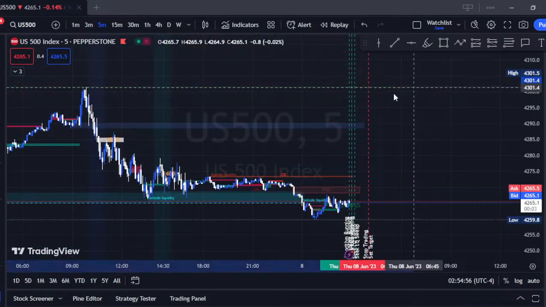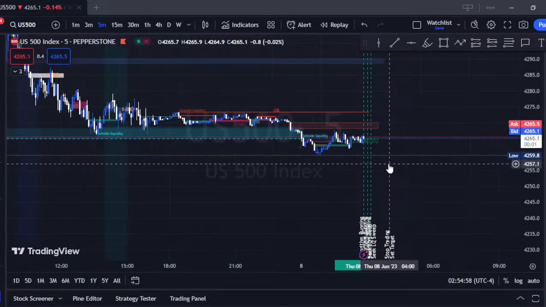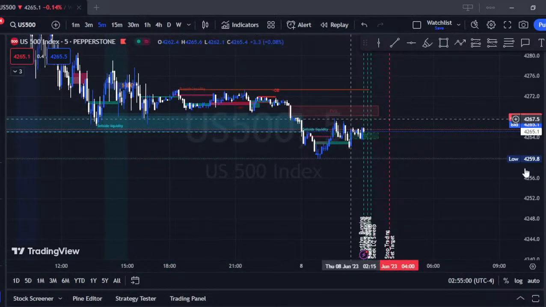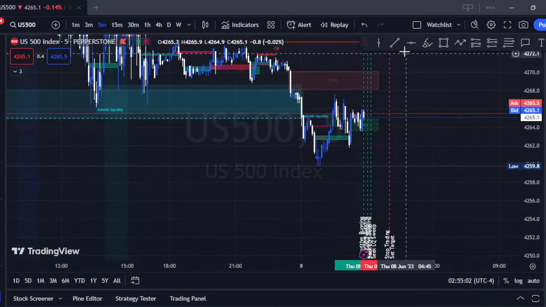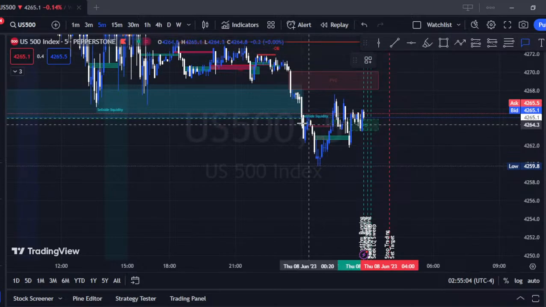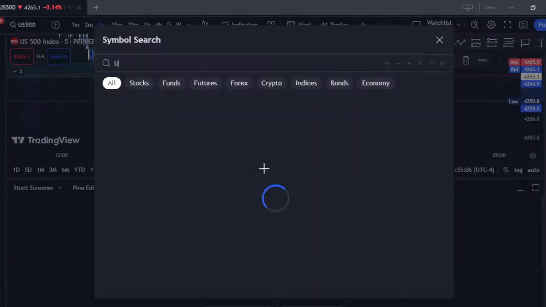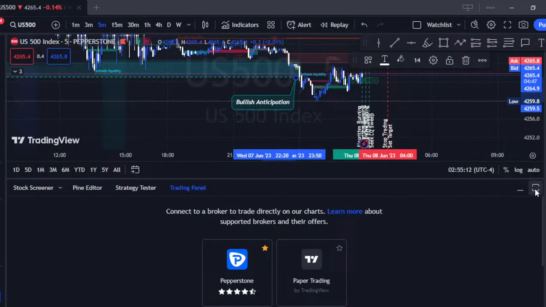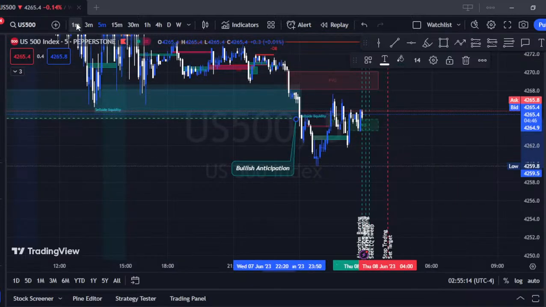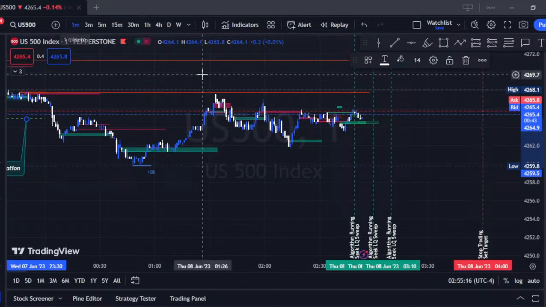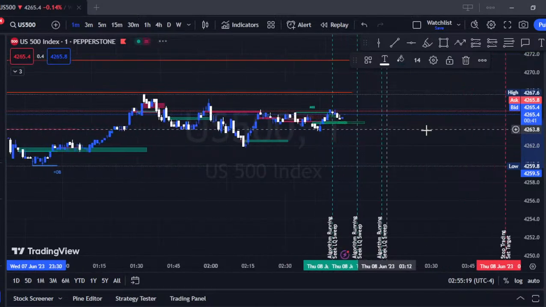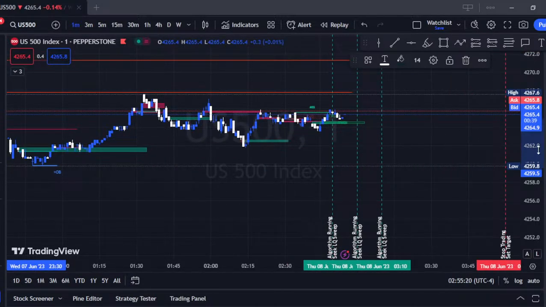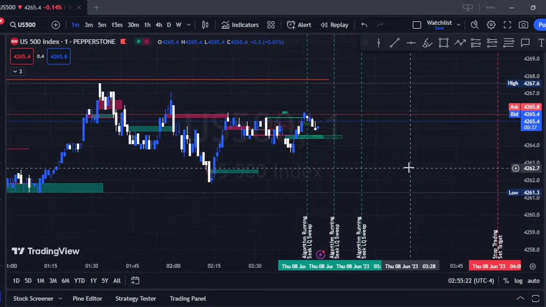I will mark this as a bullish anticipation. Okay, that's it. Now let's screen the 1 minute chart before we go.